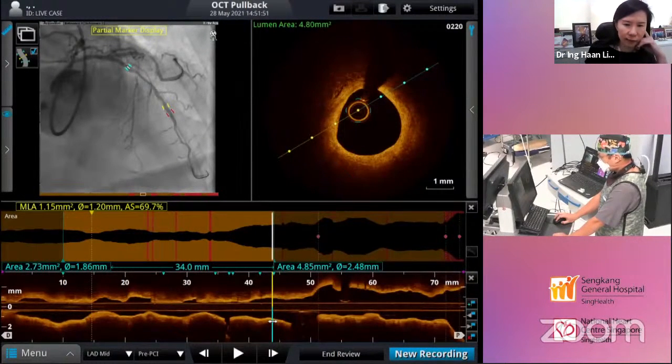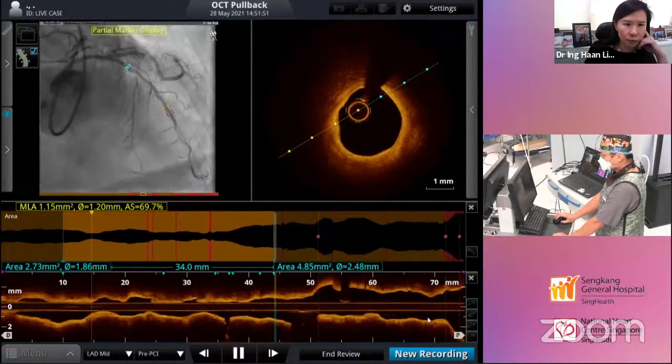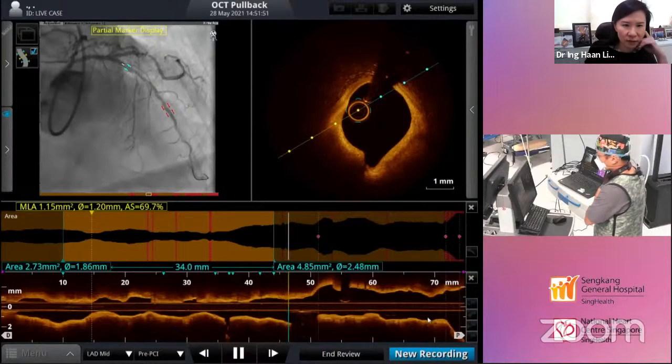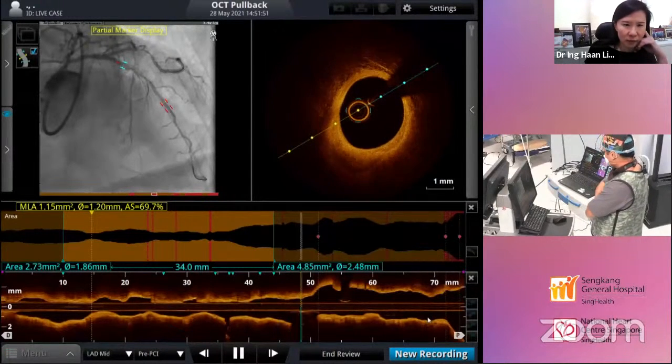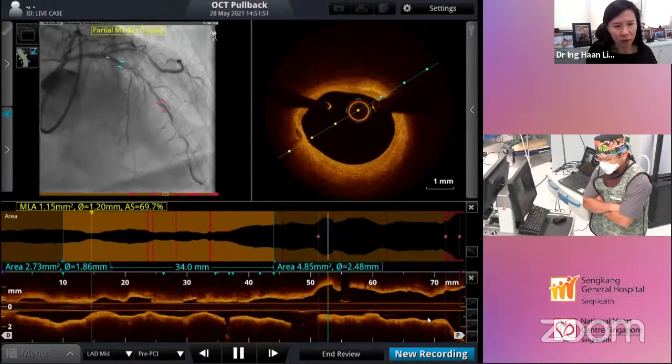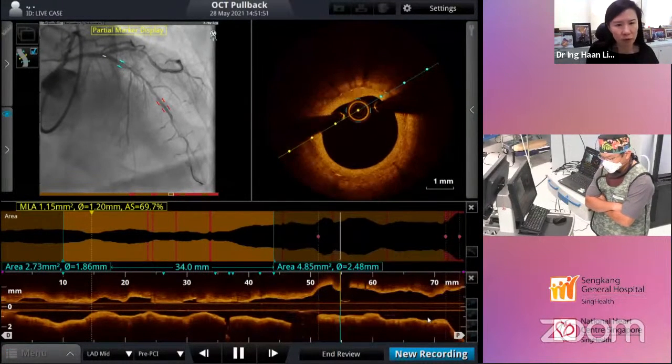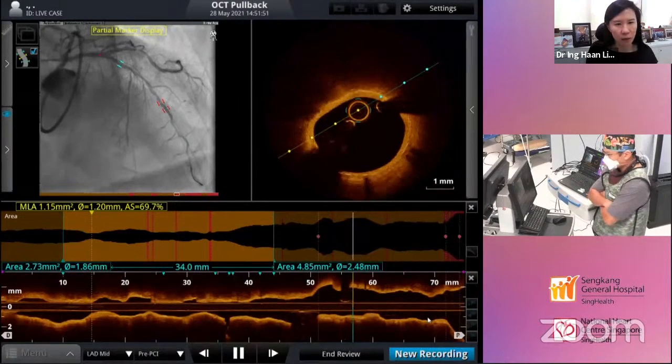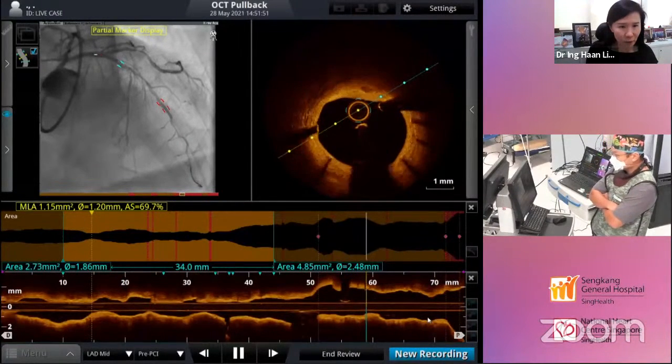So I agree that the OCT pullback gave a lot of information for pre-PCI planning. Now, first, when I deal with a diffusely calcified vessel like this, the first thing I would think about would be guide support so that I can deploy equipment down the vessel.